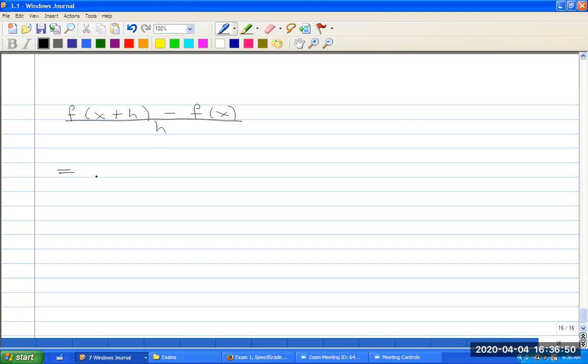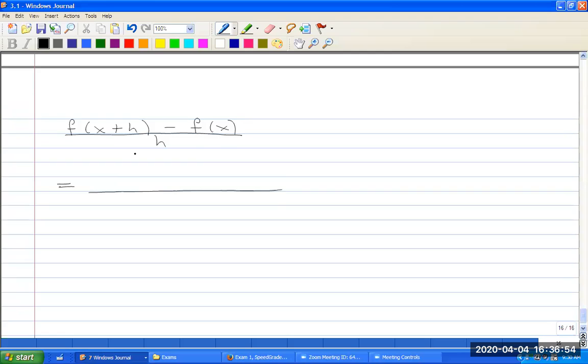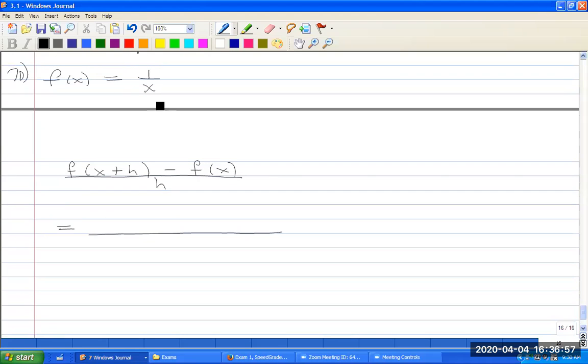So I replace x in this formula by x plus h, and I replace x in this formula by x. And so I have the following.